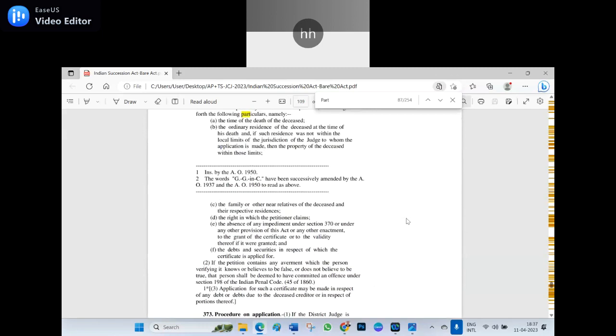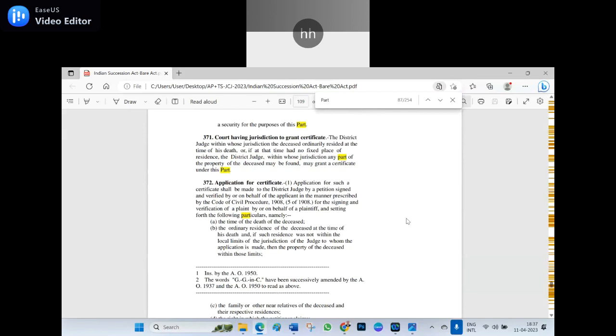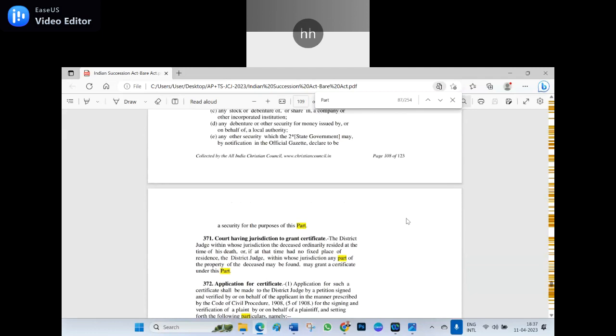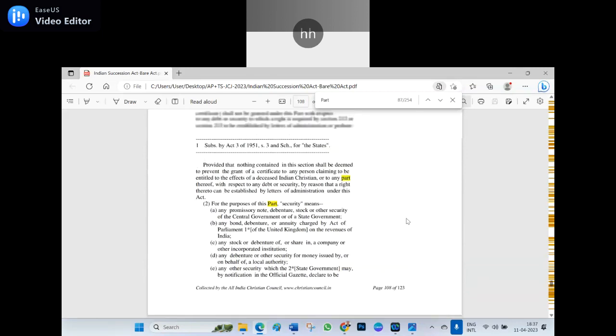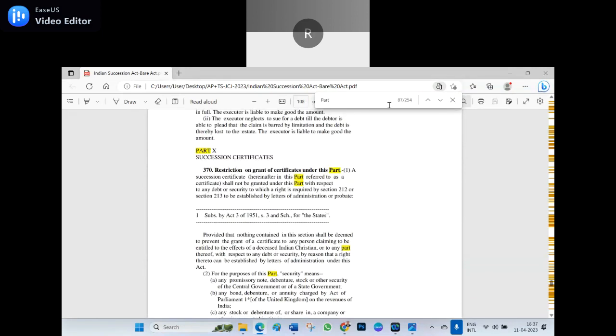In these classes, there are new things I covered, like how many times the word succession takes place. Give the answer. I would like to check whether you can remember it or not. How many times has succession appeared in the Indian Succession Act? 51 times, sir.